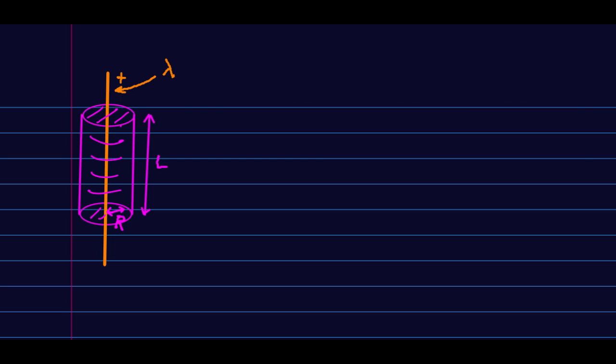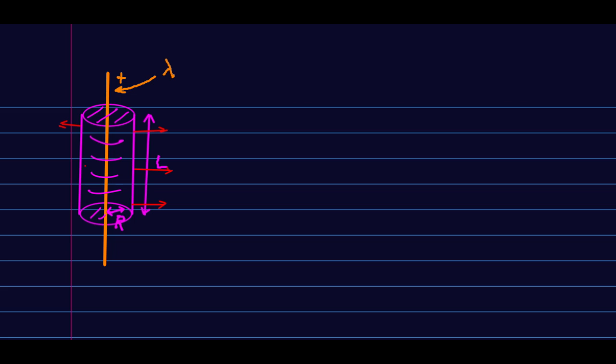And the reason it's a cylinder is that we generally want to match the shape of our Gaussian surfaces to the symmetry of the charge distribution. Well, I already discussed the infinite line in an earlier video lecture, and we've seen that it has cylindrical symmetry. And so we want a cylindrical Gaussian surface. The reason for that is that we now know that the E field points radially out from the line, if the line has a positive charge on it, everywhere.